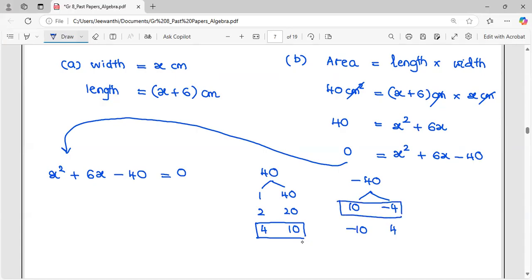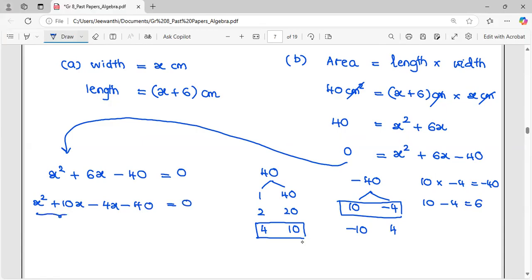Why is that? 10 multiplied by negative 4 gives me negative 40. And 10 minus 4 gives me the middle 6. So then I rewrite this: x squared plus 10x minus 4x minus 40 equal to 0.